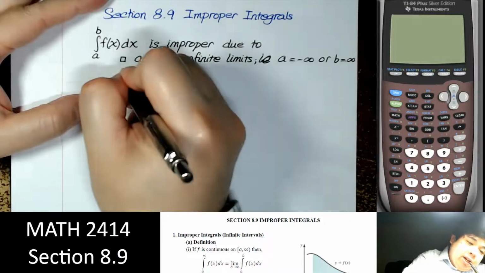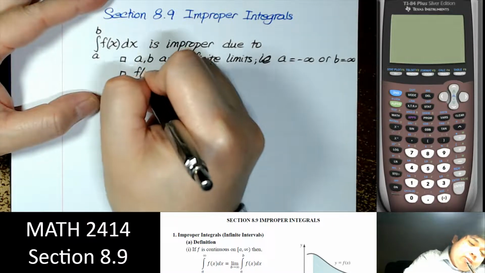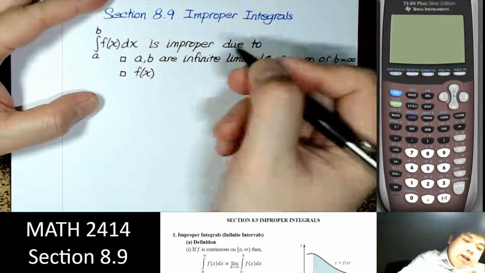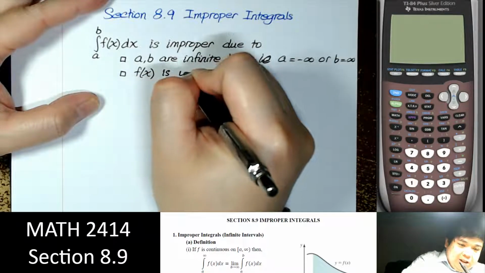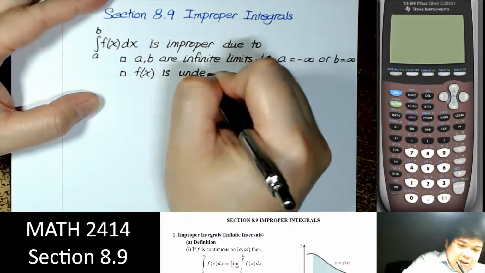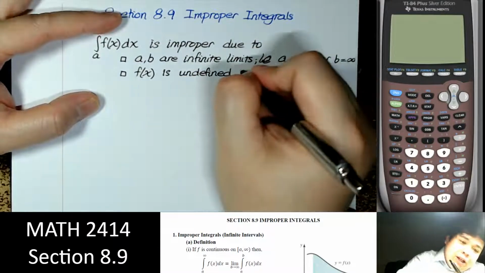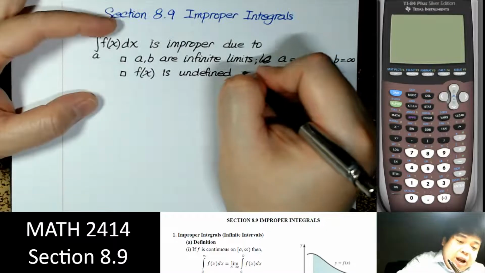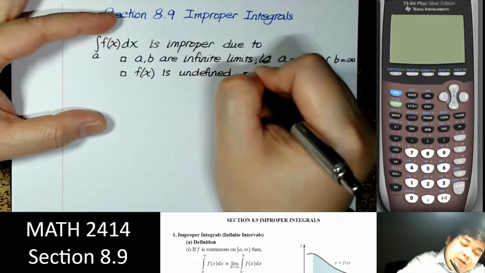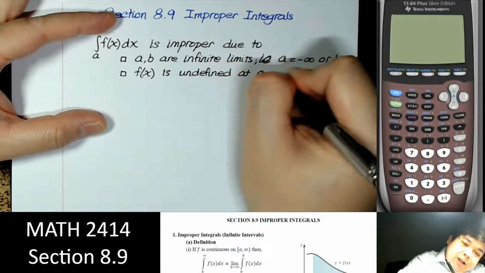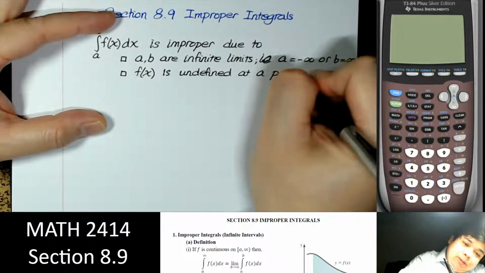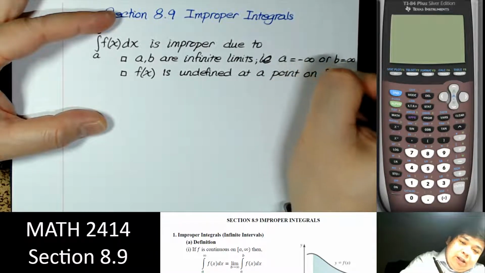Either that, or the function is undefined at any point from a to b, at a point on a and b.